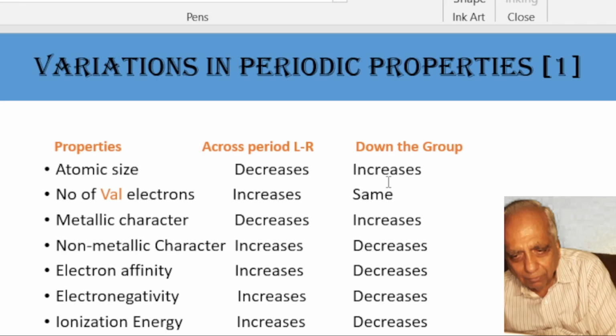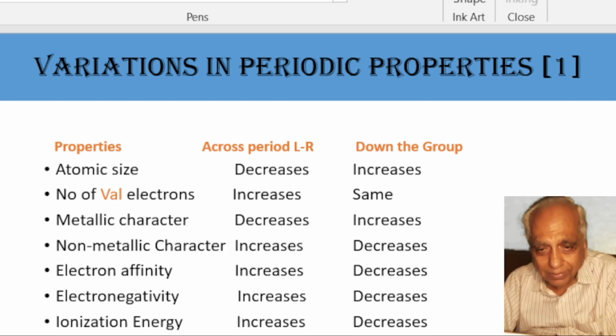So it is simple: the number of valency electrons increases as the group number increases from 1 to 18. So across the period, valency electrons will increase, and down the group they will remain the same.